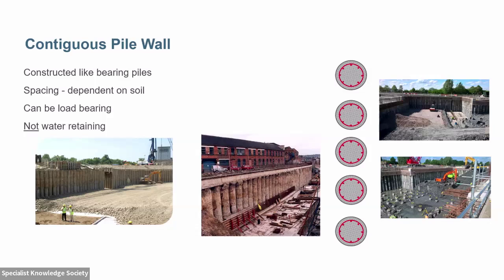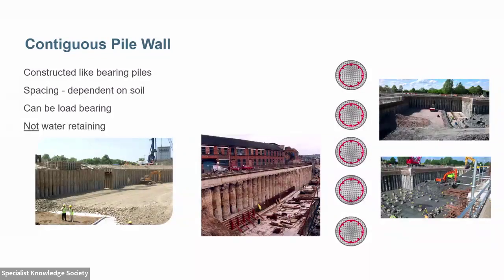Because they're not interlocking, they're not touching each other, sequencing isn't really an issue for a contiguous pile wall. And again, they can be constructed relatively quickly and easily, but they can form, as we can see in some of these pictures here, some quite neat and deep excavations in the right ground conditions.